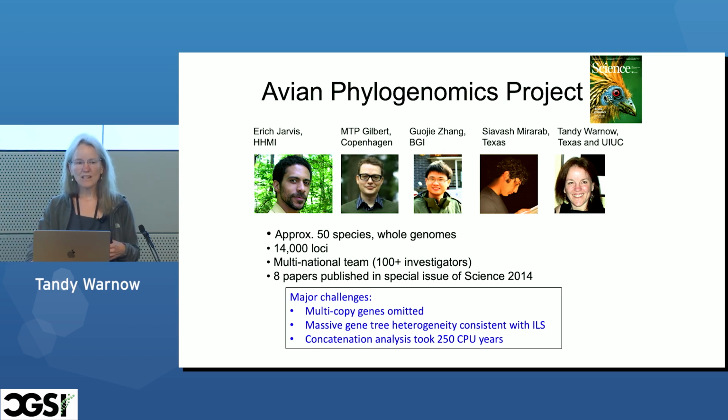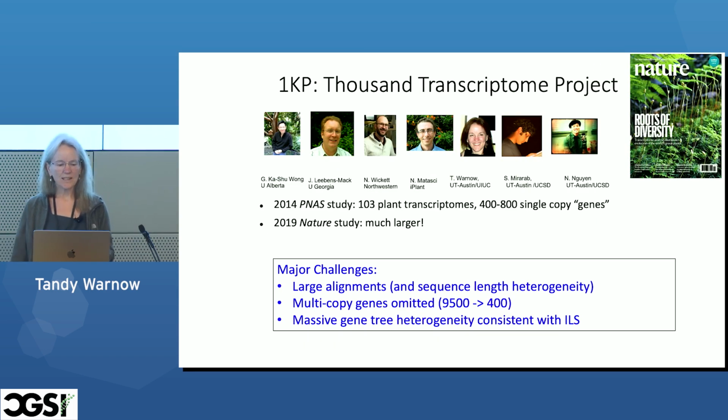There was also a lot of gene tree heterogeneity that was consistent with incomplete lineage sorting. Another project was the plant transcriptome project, 1KP. Somewhat more species, but we had even more heterogeneity. The big issue here was multicopy gene families, multicopy because genes are evolving with duplications.